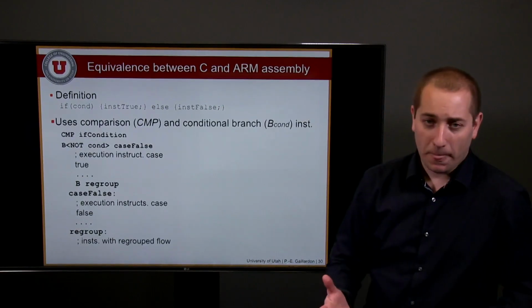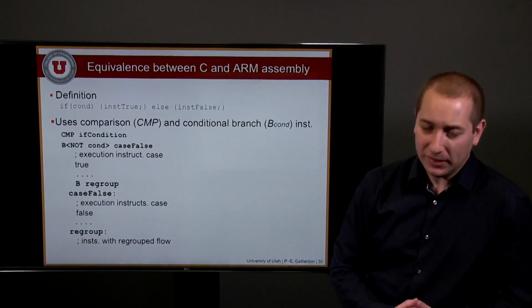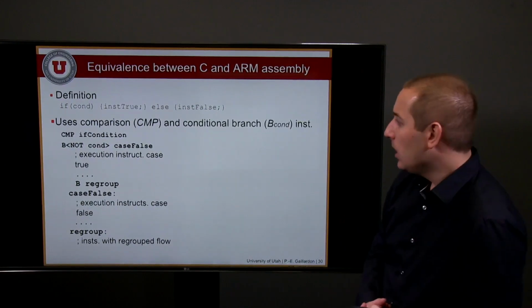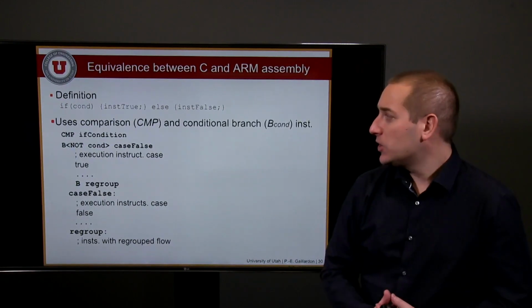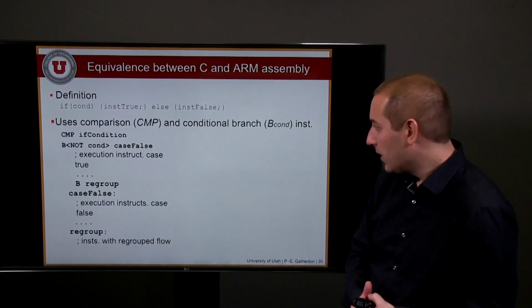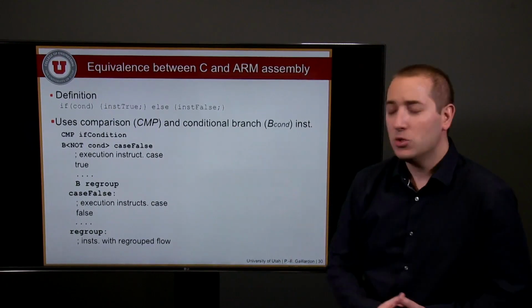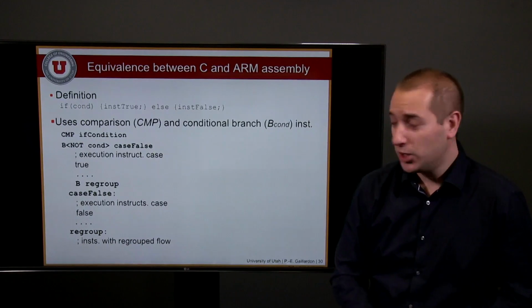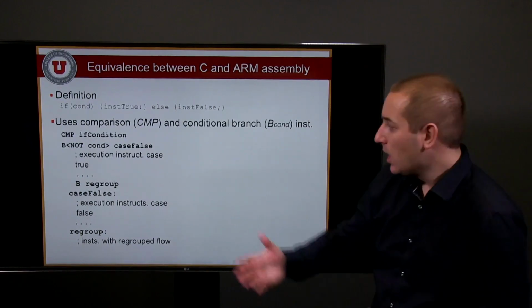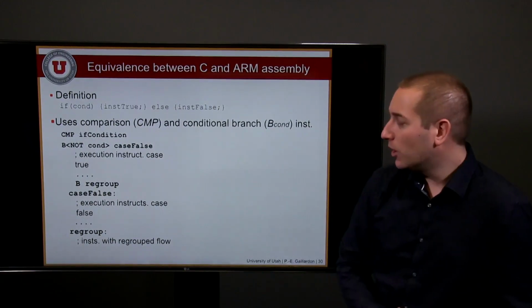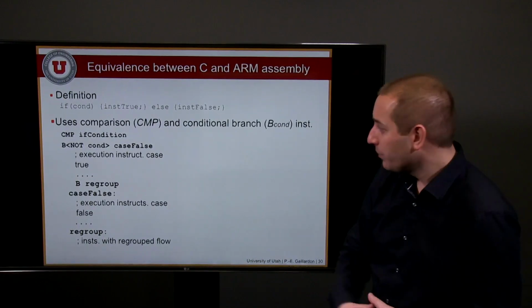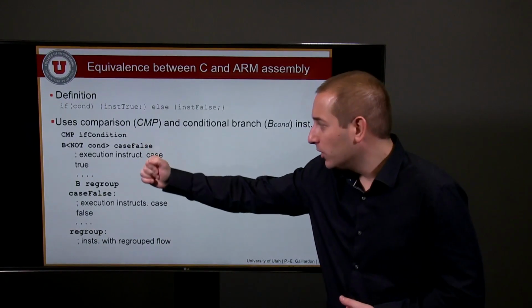How is that translated into assembly? You first are going to implement a comparison, and depending on the value of this comparison, you will branch to one subroutine or another. Here's a typical pseudocode of what you will end up having in assembler. You compare your condition.